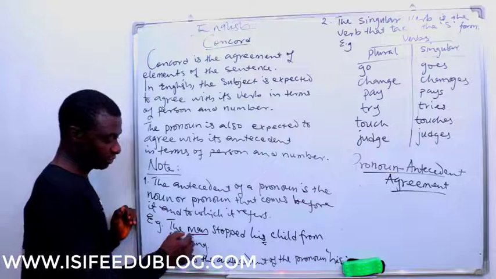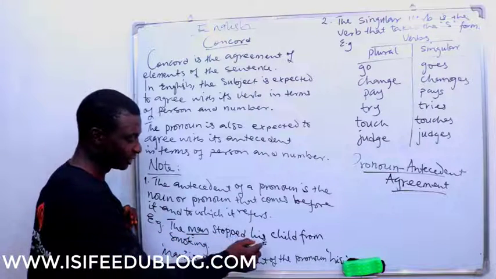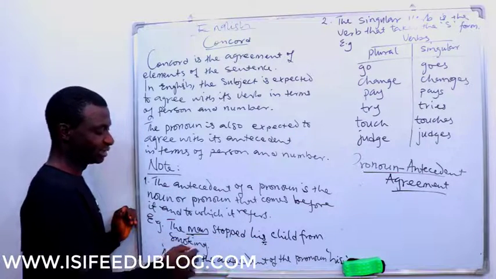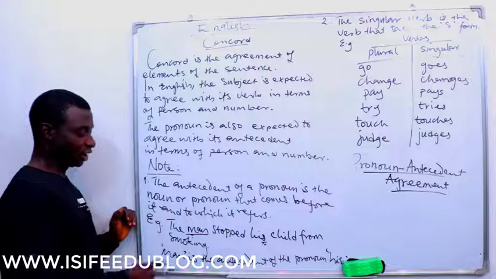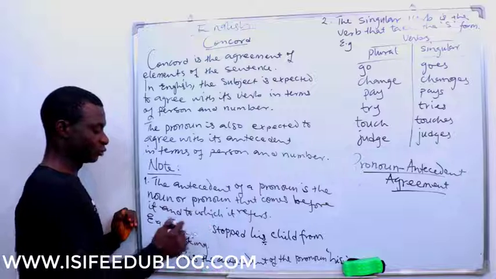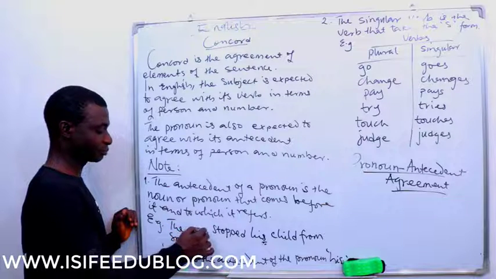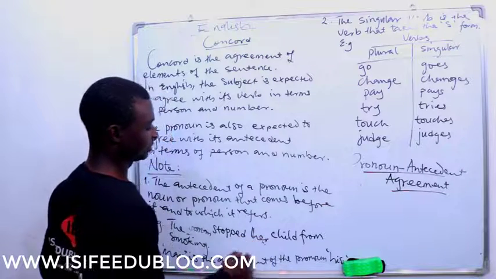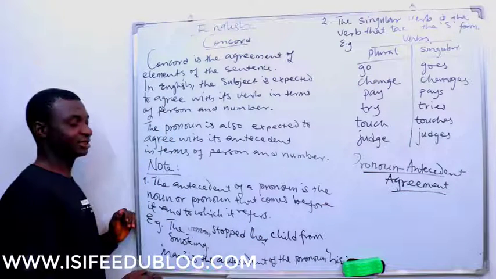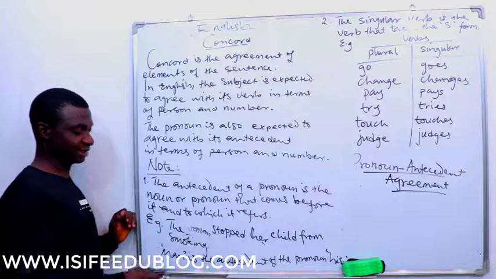Therefore, the reason why we have his, which is man, is the antecedent of his. If we change this to woman, this will become her. Alright? So that's what we mean by antecedent.